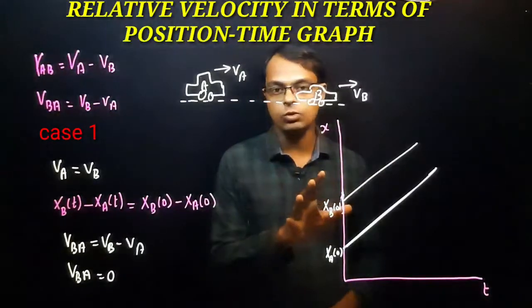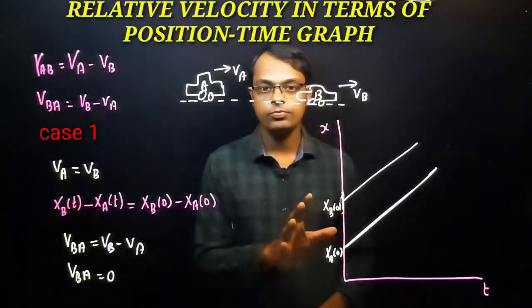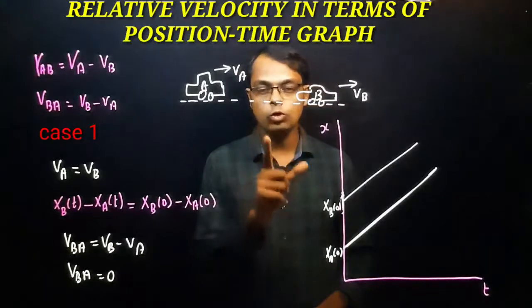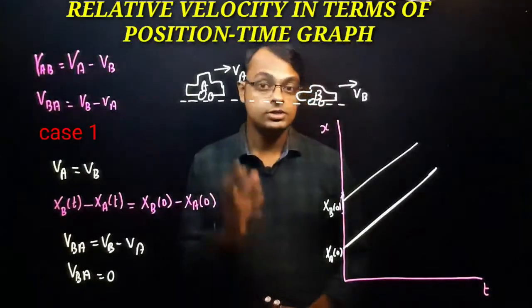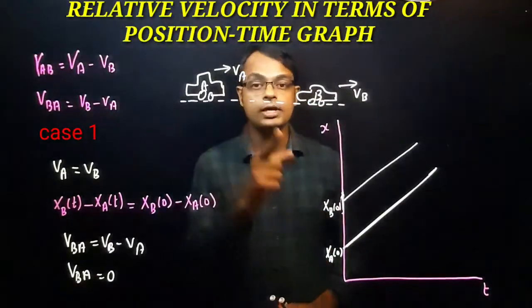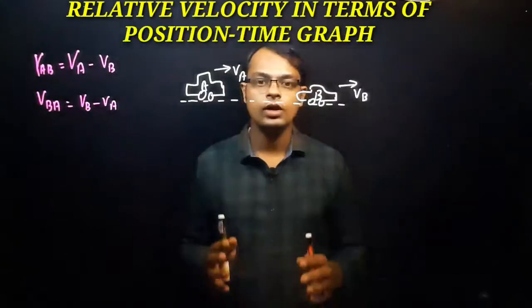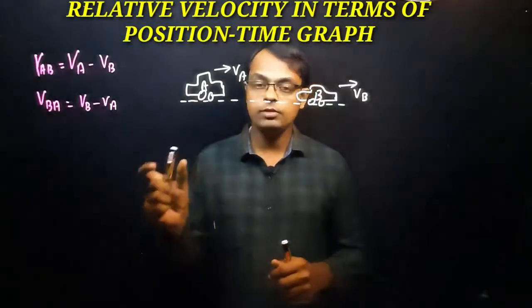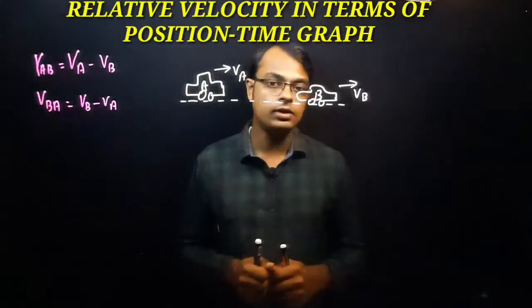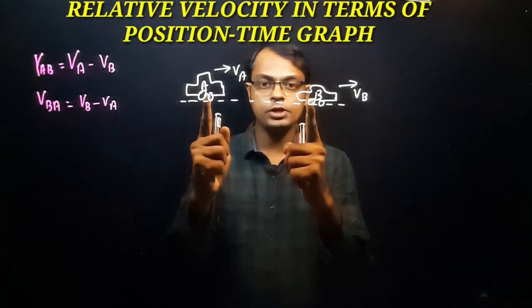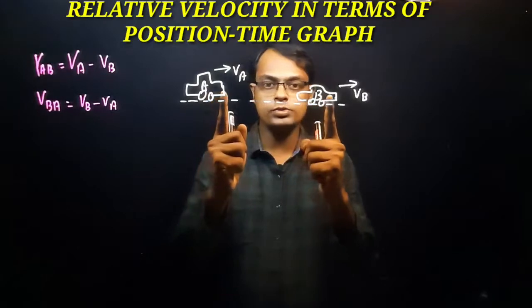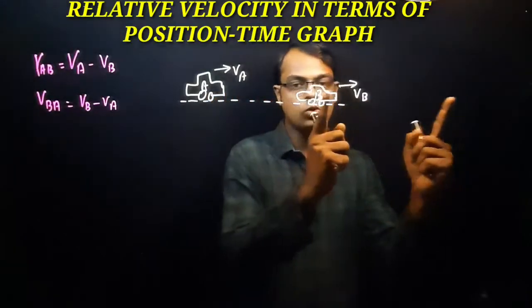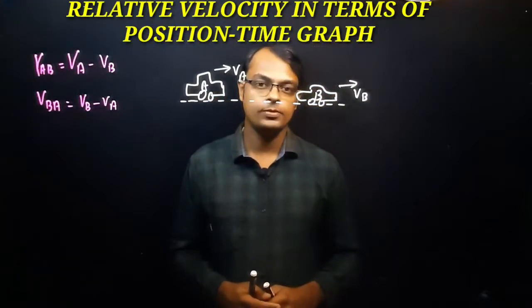So this is the way to represent the position time graph for two objects traveling in the same direction with the same velocity. So the first case we have already discussed: VB and VA are equal, so the relative separation between these two objects will always be constant. Correct?